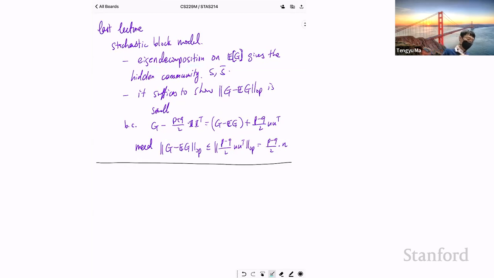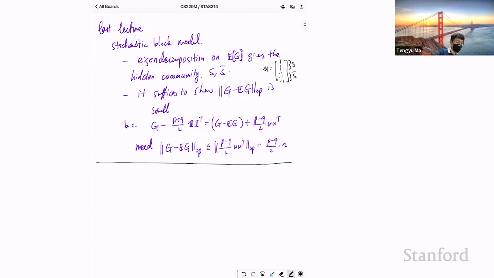And we have shown that if you do eigendecomposition on the average graph, the expectation of G, then it does give the hidden community S and S bar, right? I think last time we showed that the second eigenvector is something called U, which will look like 1, 1, 1, and minus 1, minus 1. And this is S, and this is S bar. So basically, if you just take the second eigenvector of the expected graph G, then you get the hidden community.